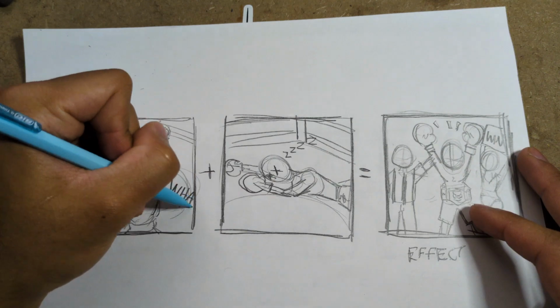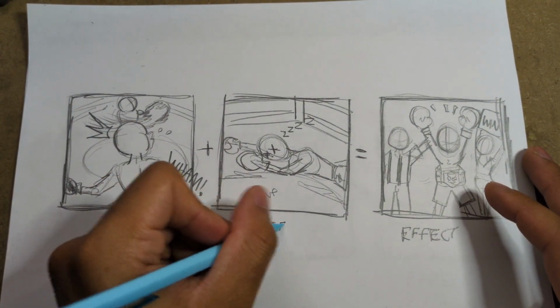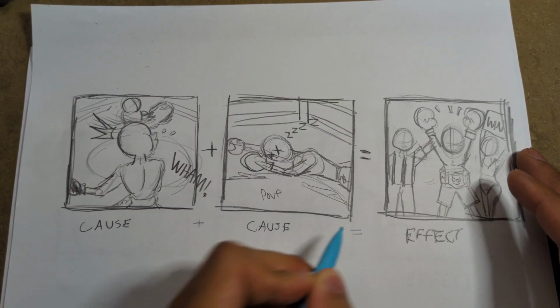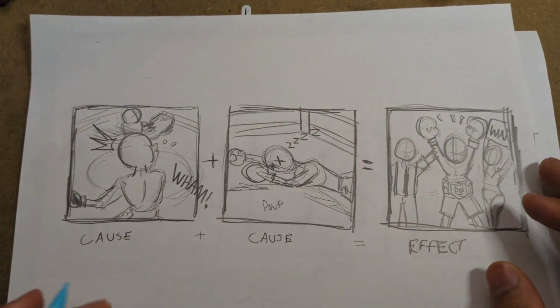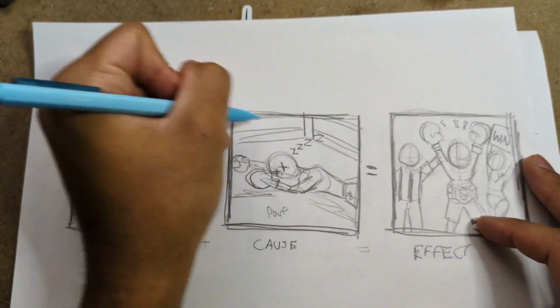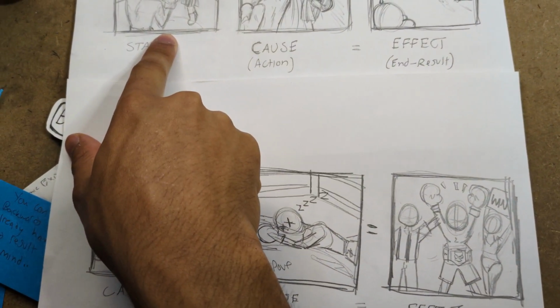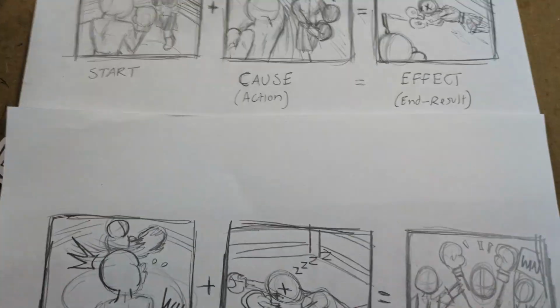Now, what is labeled a cause and what is labeled an effect is totally up to you and your interpretation, and also depends on where it starts and where it ends. Because in reality, in life, it's just non-stop cause and effects. If you want to think about it, this could be called a cause as well, but this was just to help our initial, so I called it the start.